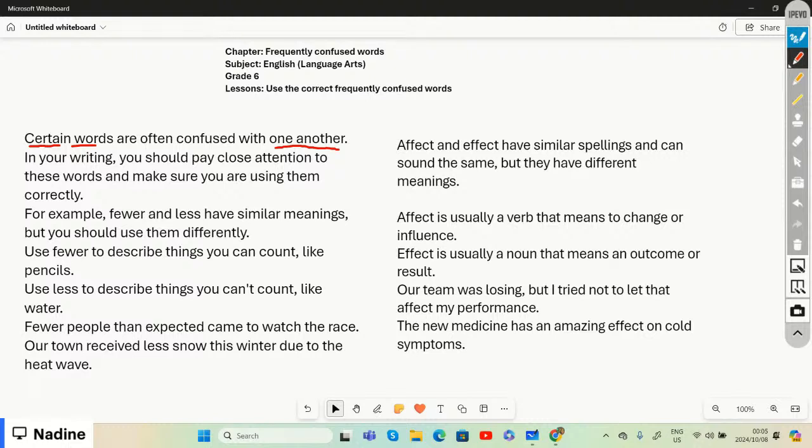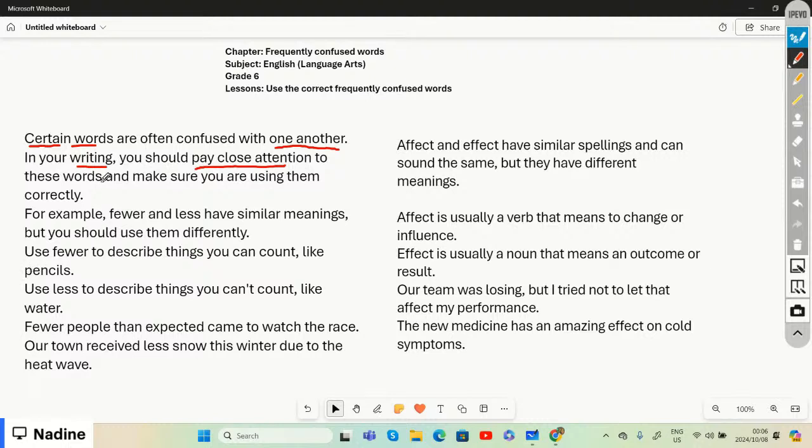So in your writing, pay close attention to these words and make sure you're using them correctly.